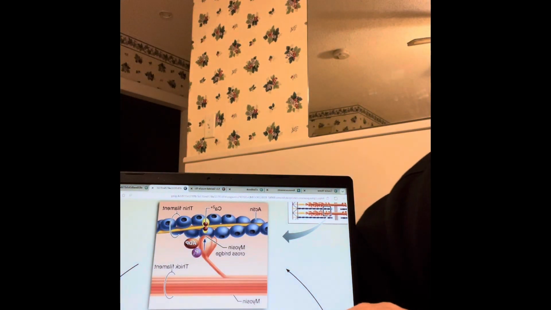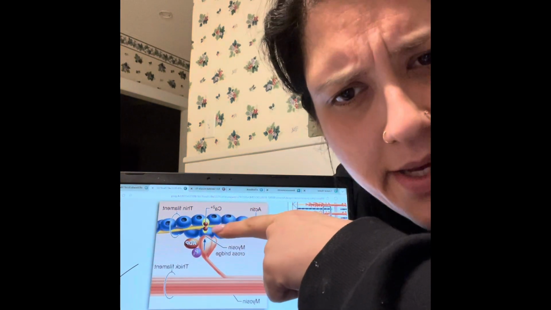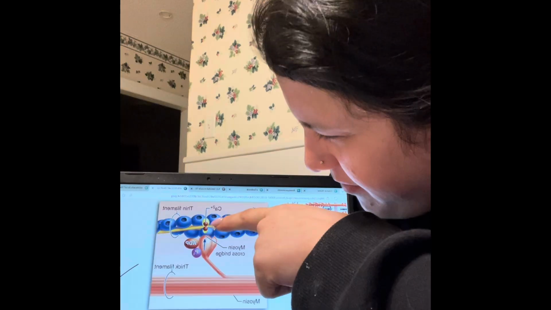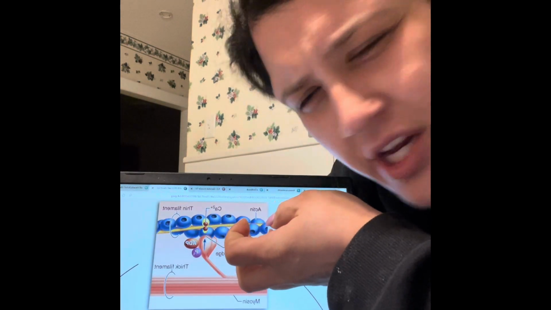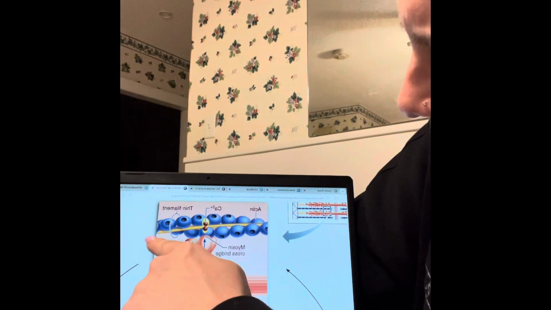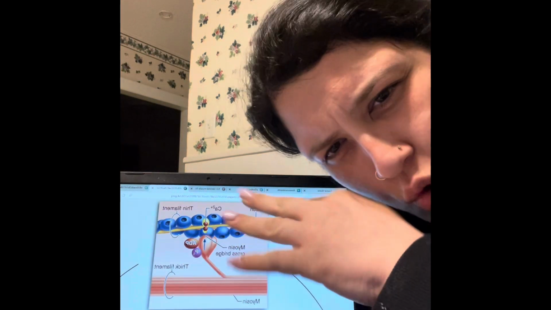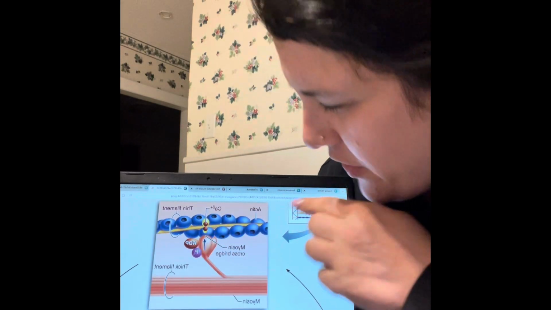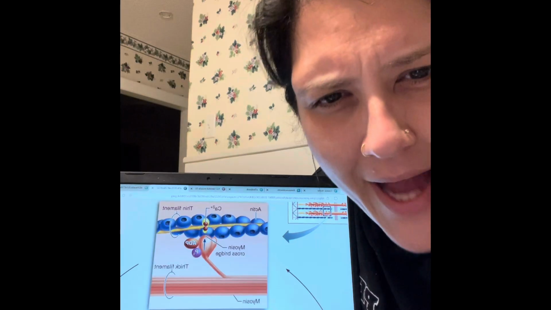So, our first step is the cross-bridge formation. Now, see what happens is calcium here, this tricky fella, he binds to the troponin. And what happens is the troponin then changes shape. And that lovely little tropomyosin ends up switching, opening these active binding sites to where the myosin actively binds.